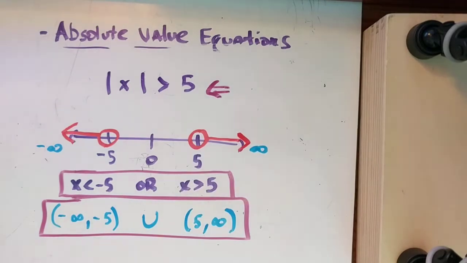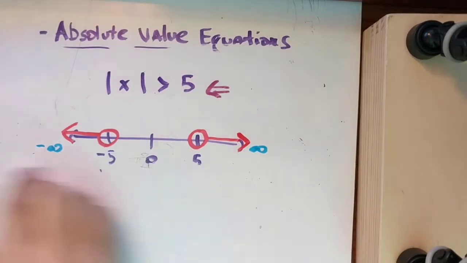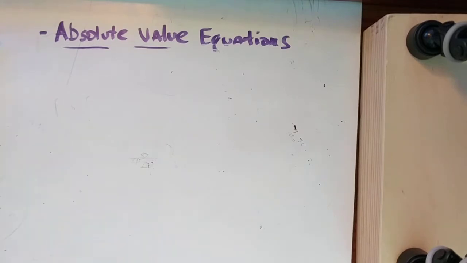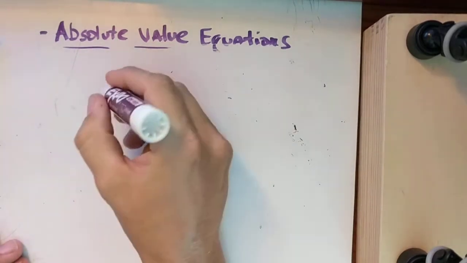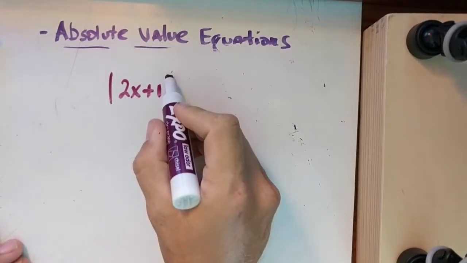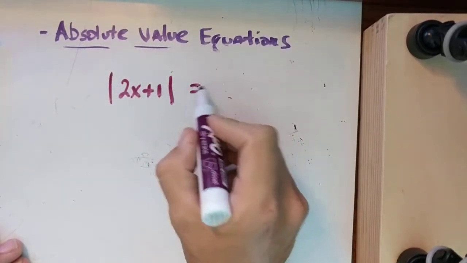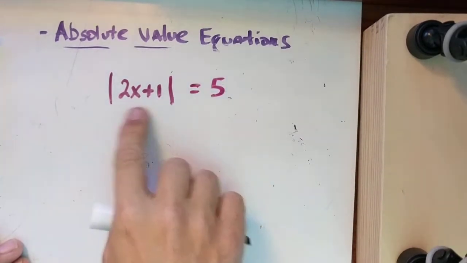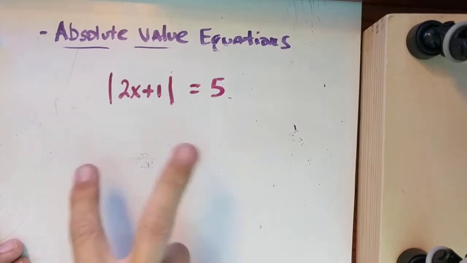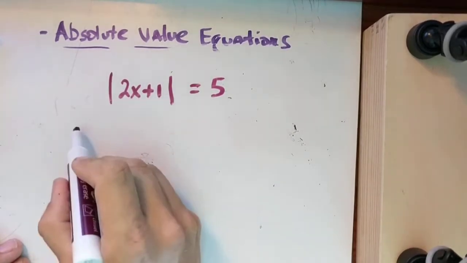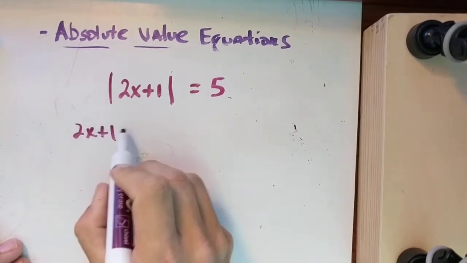Okay, now let's look at some more complicated equations or inequalities. So the first one I'd want to look at, we'll say the absolute value of 2x plus 1 equals 5. So with equals, remember this amount that's on the inside could be in one of two locations. It can be sitting at 5 or at negative 5. So we immediately split this into two equations.